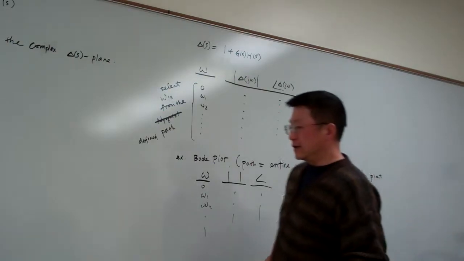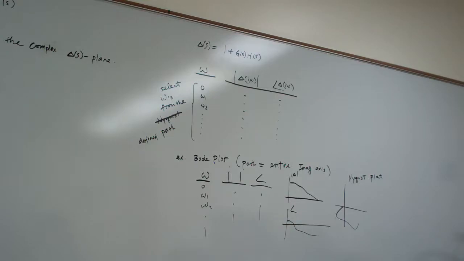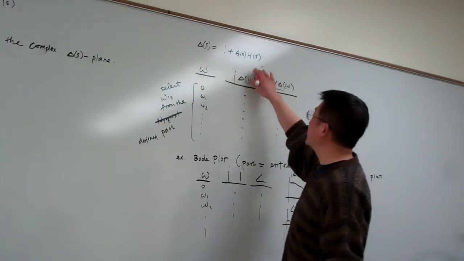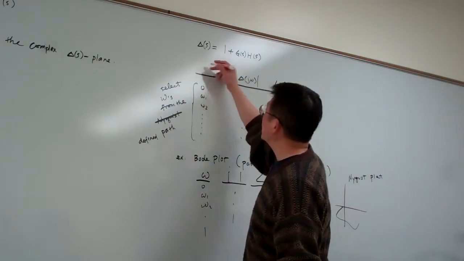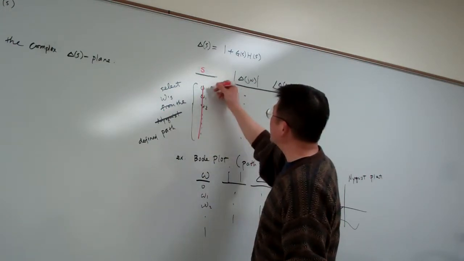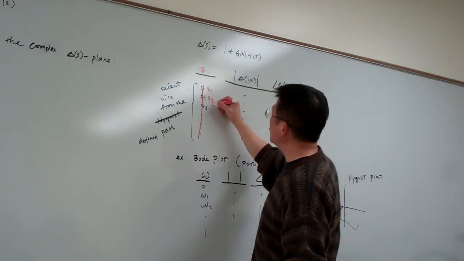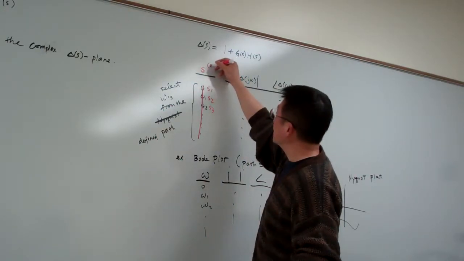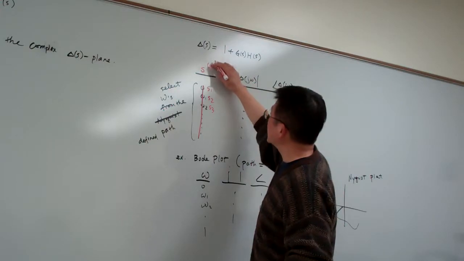And here I want to modify something. I feel I made a little mistake here. It should be general: rather than this one, it should be S1, S2, S3. S is a complex number.